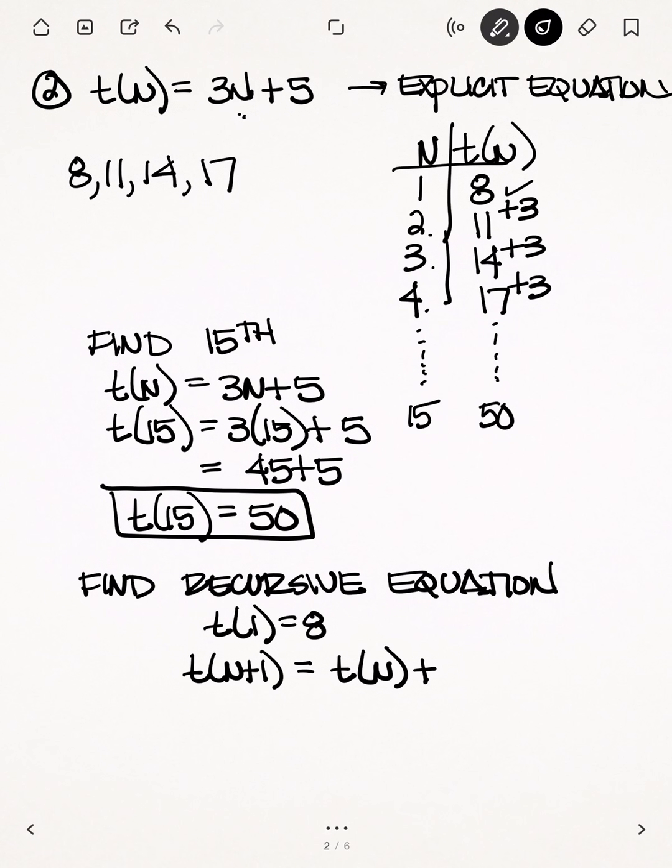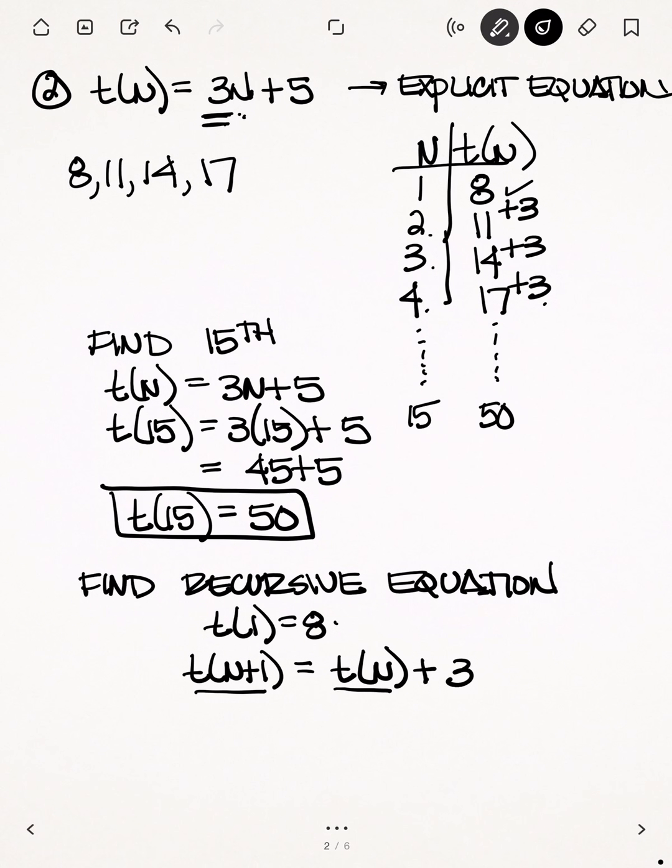Well, that was the slope in my explicit equation. So if I know the slope and I know a point, one term already, then I can find the next term. So the term I'm looking for is the term right before it plus what I have to add to get there. And what I have to add is 3.